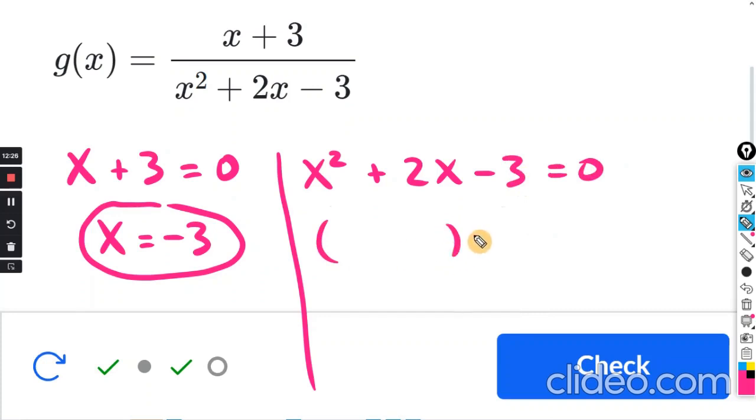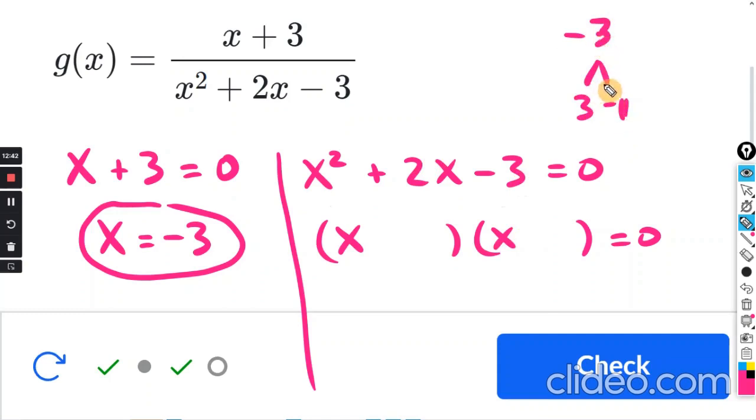We're going to do two binomials equal to 0. Since we have x squared, it's going to be x times x. And for negative 3, what factors add to positive 2? Well, how about 3 times negative 1? That equals negative 3, and when you add them, they're going to equal positive 2. So we're going to do plus 3 and minus 1.